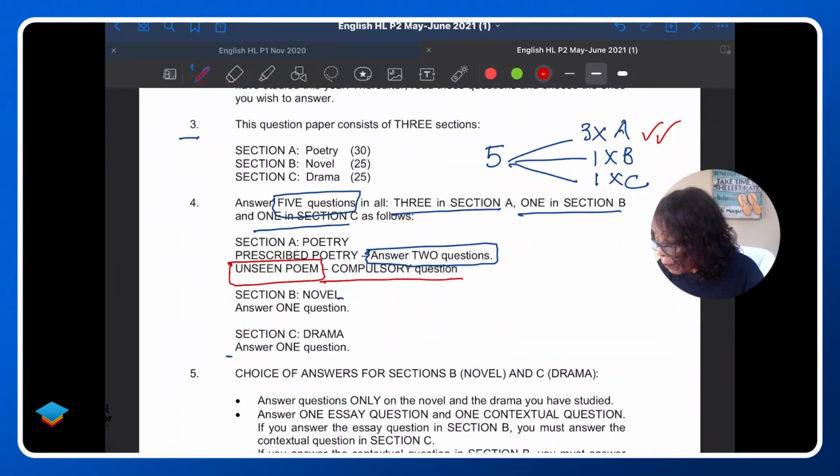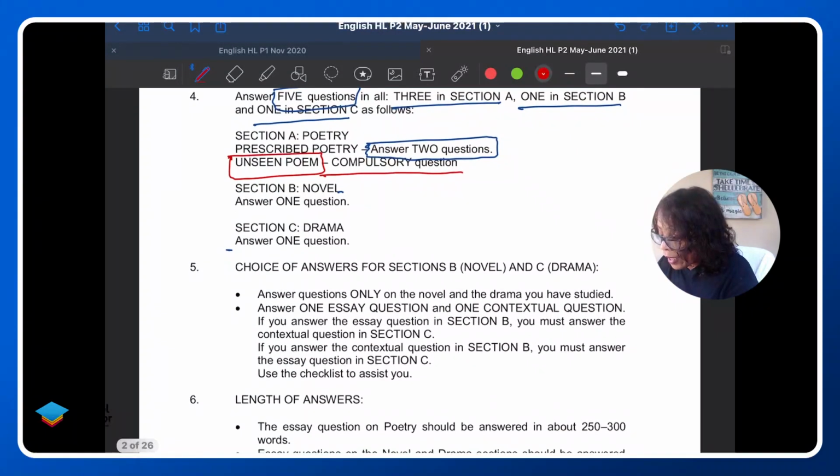Then when you get to section B, which is the novel, you must only answer 1 question, right? And in section C, you must also only answer 1 question. Now, this is important because number 5 will explain to you exactly what you're supposed to do, and this is what you need to focus on.